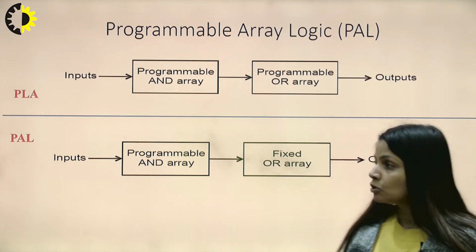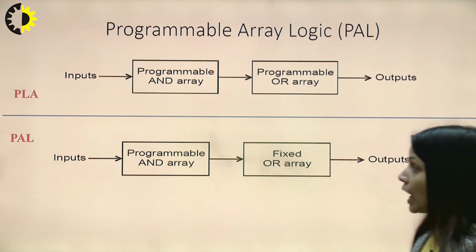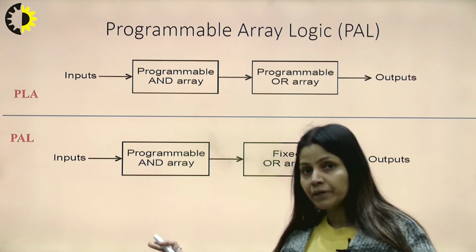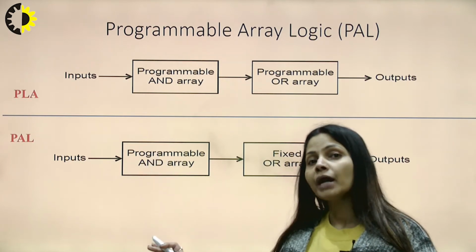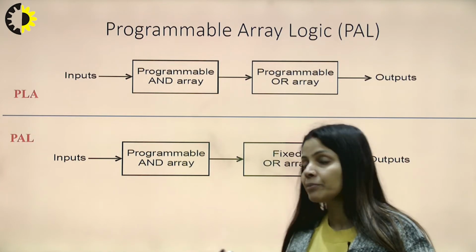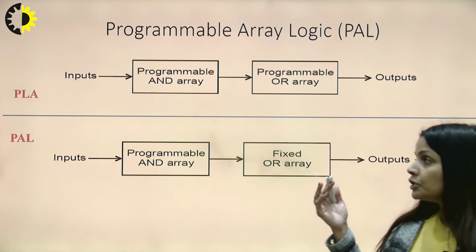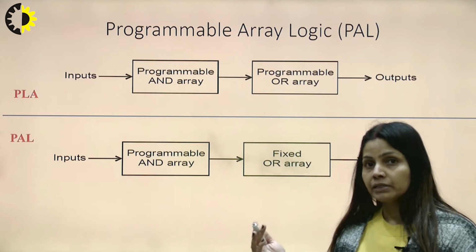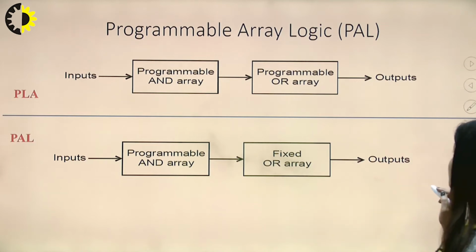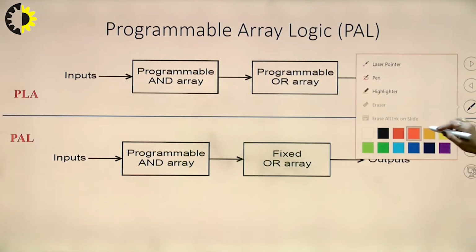So that means the AND array is going to be programmed according to the expression obtained by simplification of the Boolean expression or by K-map. But the OR gate arrangement is fixed in this case, and that is the important point.